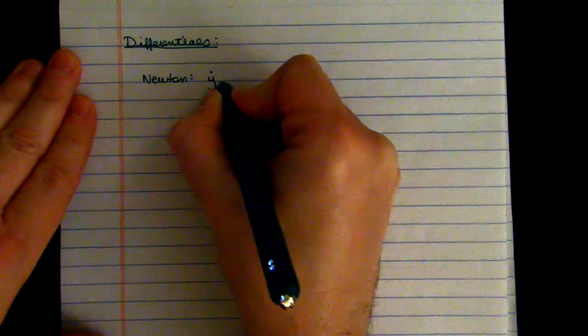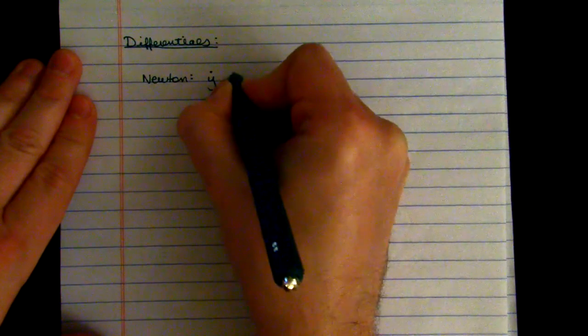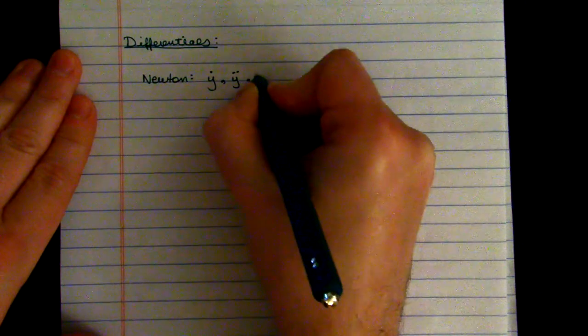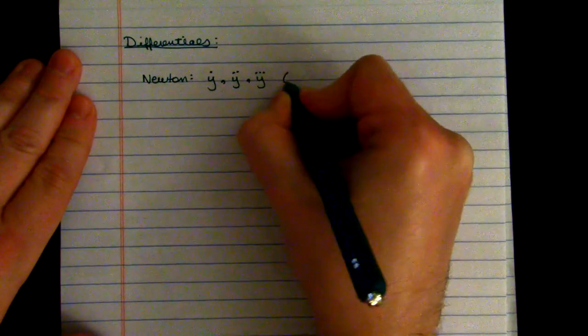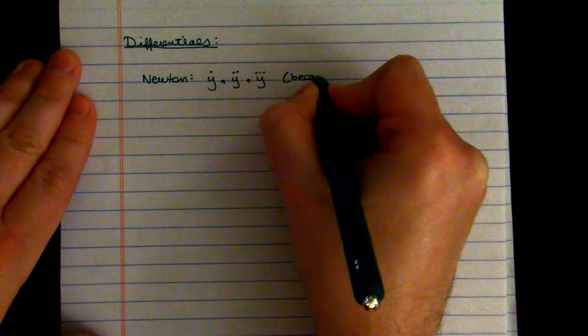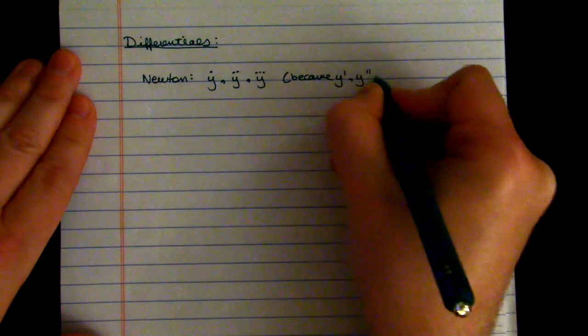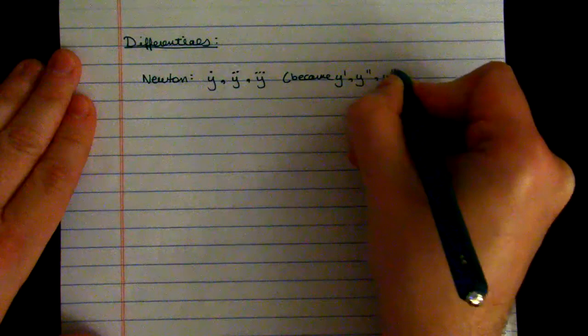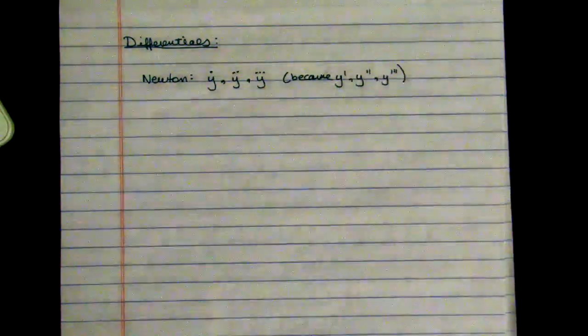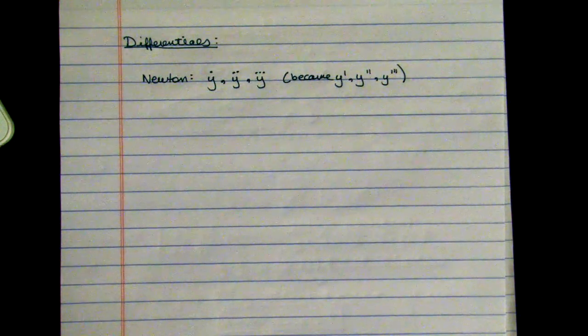Newton used notation like this: y with a dot over it for a derivative, y with 2 dots over it, y with 3 dots over it. This notation became our y prime, our y double prime, our y triple prime. And we've mostly used his notation when dealing with things in this class so far.